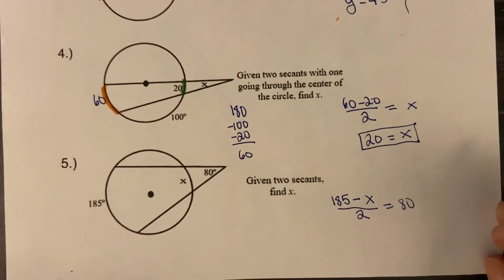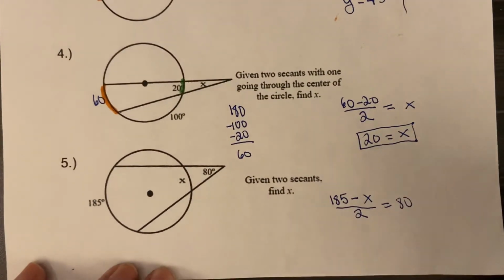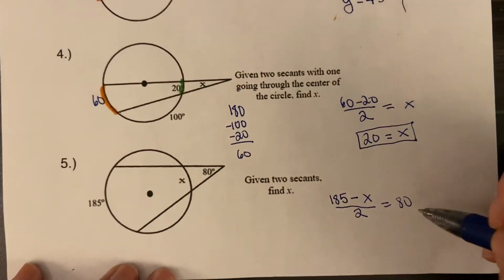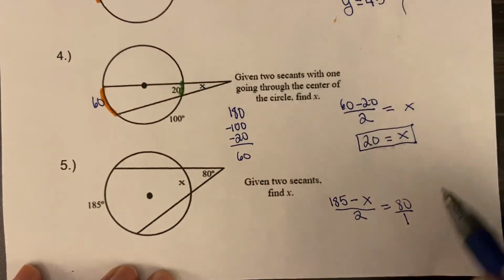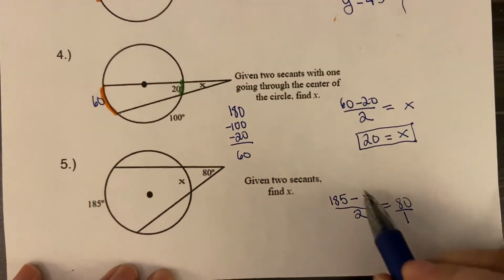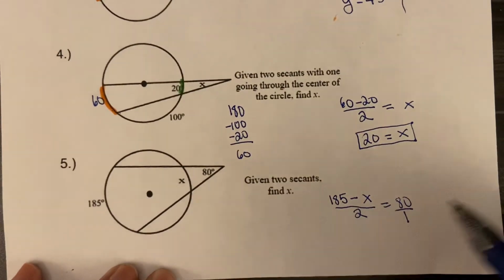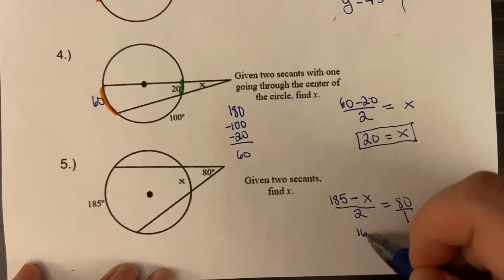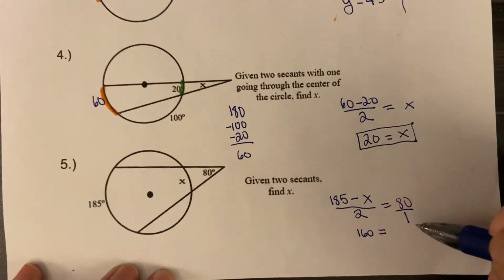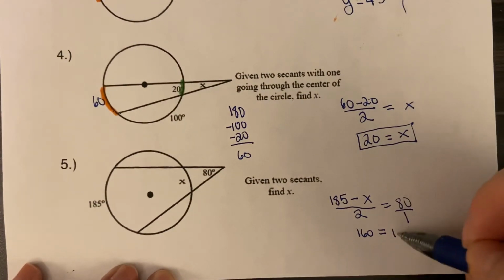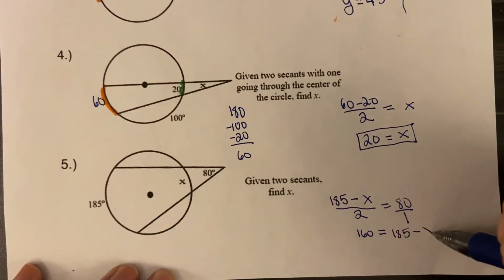Now, the easiest way to solve when you have a fraction is to put this over 1 and cross multiply. That's the easiest way to do it. So 80 times 2 is 160. And this time, anything times 1 is just itself, so this is just 185 minus x.